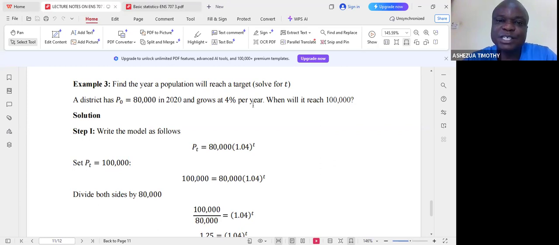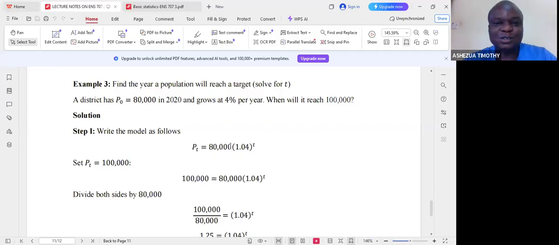And grows at 4% per year. When will it reach 100,000? We'll find out shortly. So step 1 is to write the model as follows.